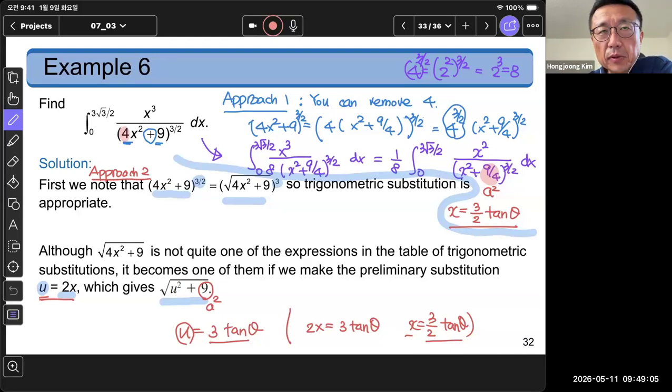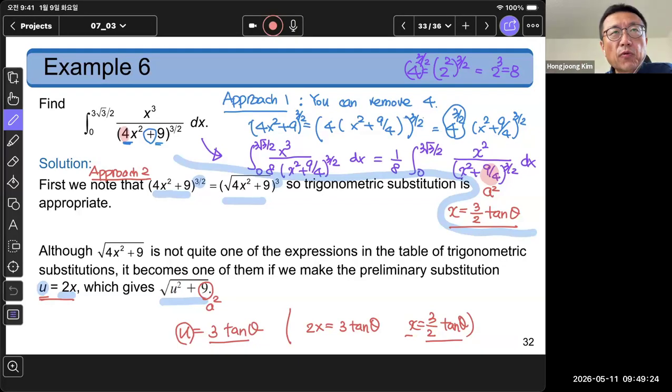But in the table, we have only plus or minus x squared, right? So in order to have just 1 in front of x squared, as I said, there are two approaches, okay?